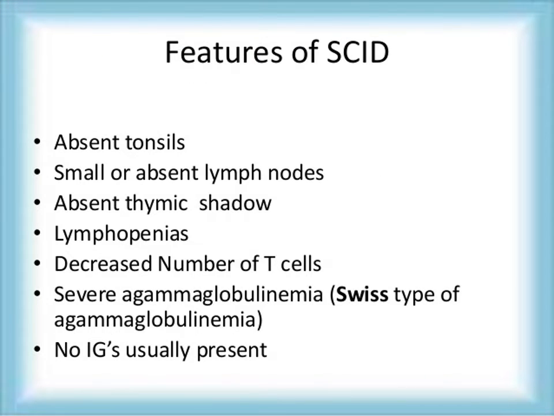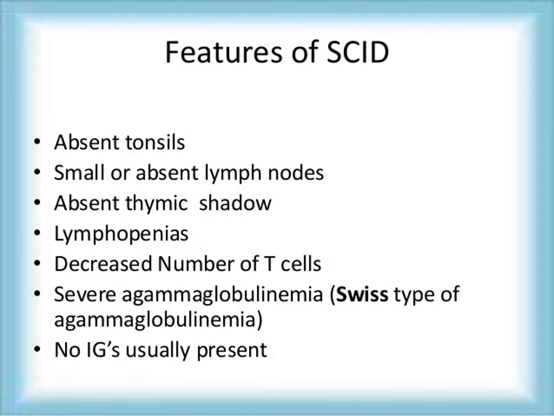Features of severe combined immunodeficiency syndromes. There are absent tonsils, small or absent lymph nodes, absent thymic shadow on X-ray, lymphopenia, so there are deficient T lymphocytes in the body, and decreased number of T cells leads to severe agammaglobulinemia, and no immunoglobulins are usually present.